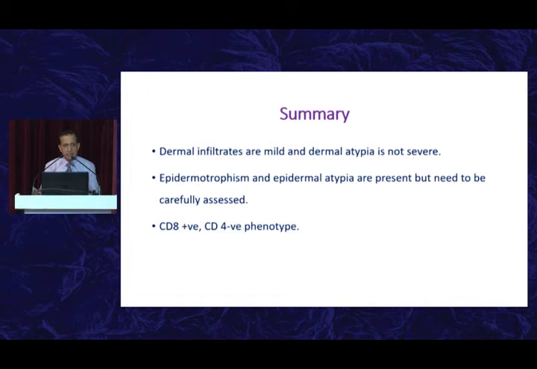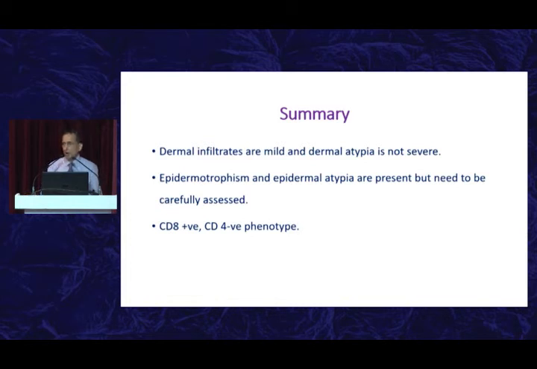The dermal infiltrates are mild and dermal atypia is not severe in the hypopigmented type. Epidermotropism and epidermal atypia are present, but they have to be carefully assessed. And they are CD8 positive and usually CD4 negative.